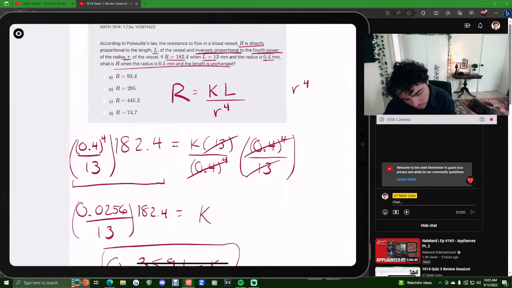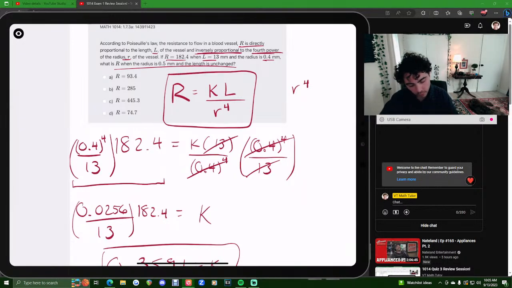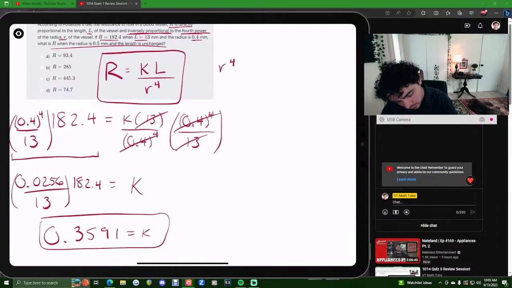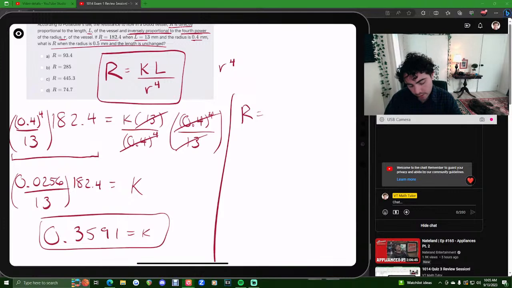So next they ask, what is R when the radius is 0.5 but the length is unchanged? So now the idea is we're going to restart with this equation. We're going to find whatever capital R is when the radius, the lowercase r, is 0.5, still being raised to the fourth, and the length is unchanged.